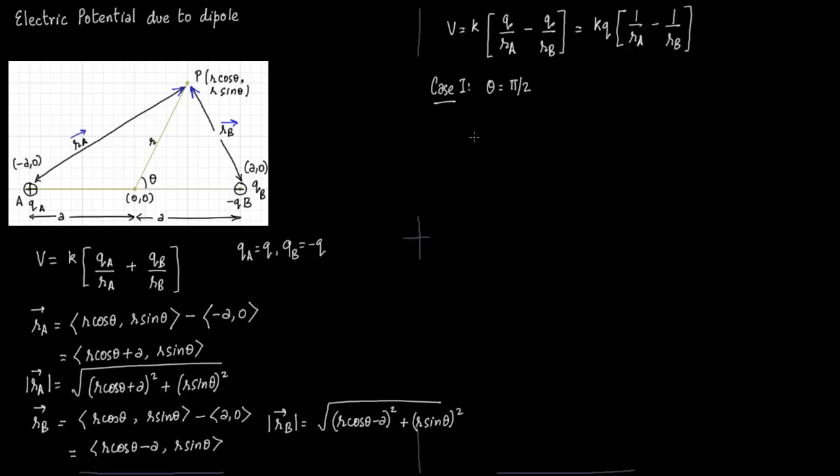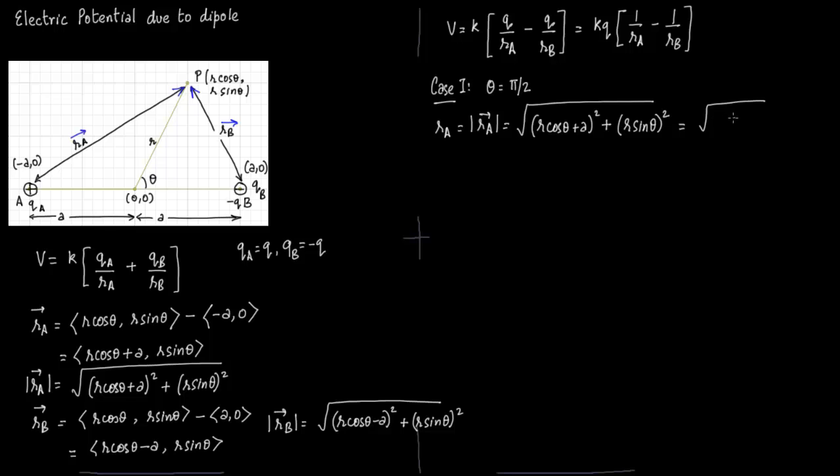Case 1, say theta is pi by 2. In that case, for the length of the RA vector, notice that now cos theta would be 0. I'm just copying what we had derived before for the length of the RA vector, and now you put cos theta as 0 and sine theta as 1.